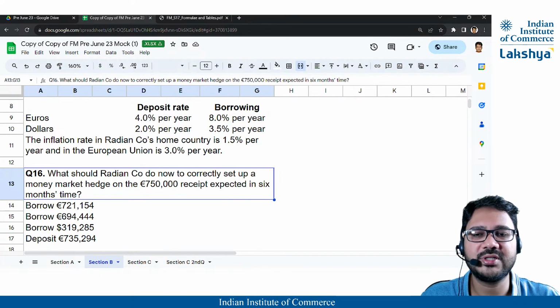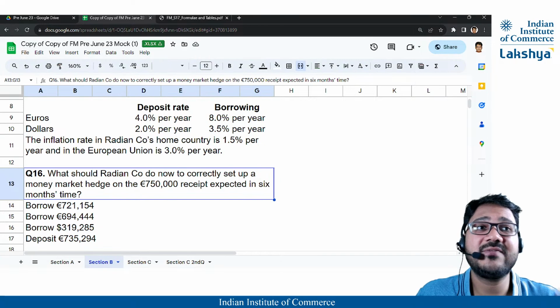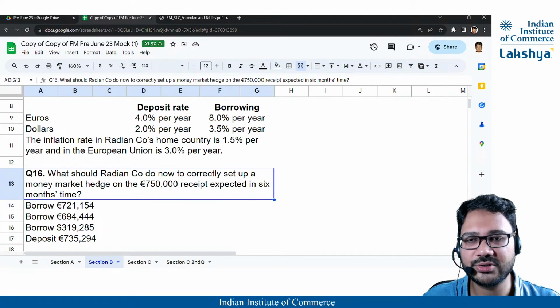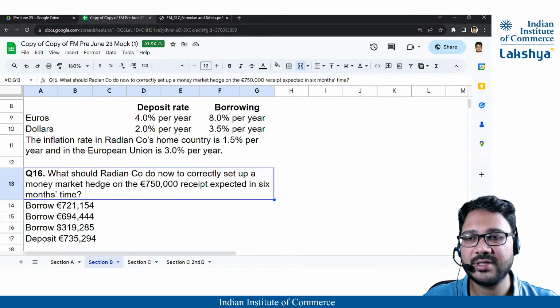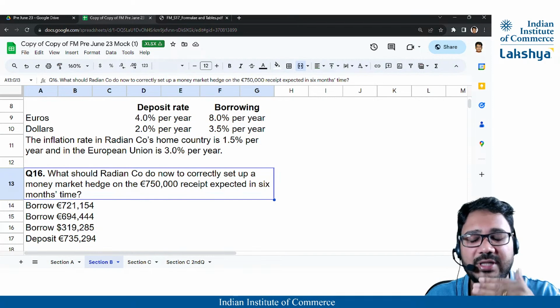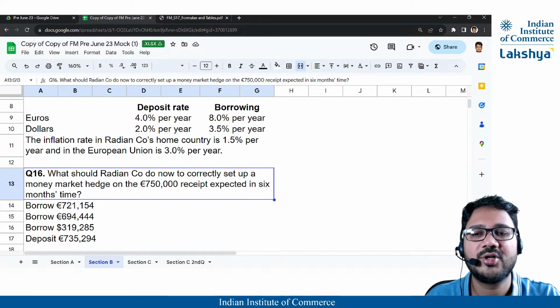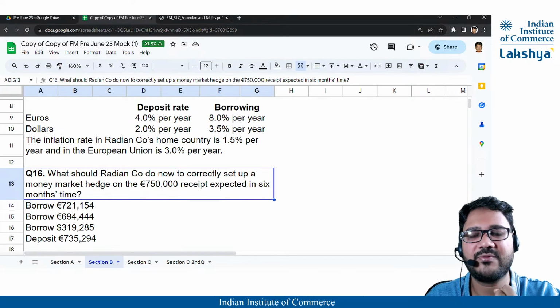So the first question is, what is going to happen after 6 months' time? After 6 months' time, we are going to receive 750 euros. If we are going to receive euros, that means we are going to create a liability in euros today. That borrowing will mature to 750, and once we get the payment from the customer, we will take that payment of 750,000 euros and pay off the bank.